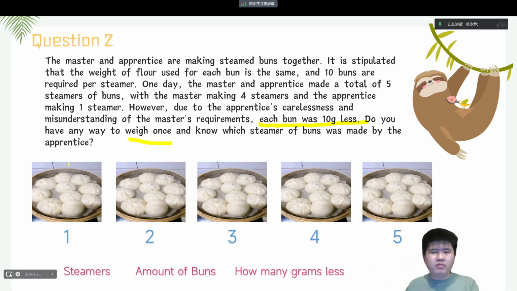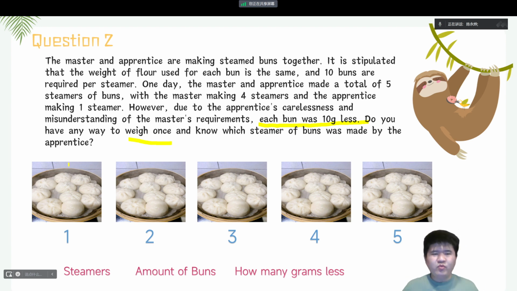If we know how many grams less, we can know among all the 15 buns how many buns are made by the apprentice. And then we check which steamer we collected these buns from, and then we can find the apprentice's steamer. So this is how we find it.